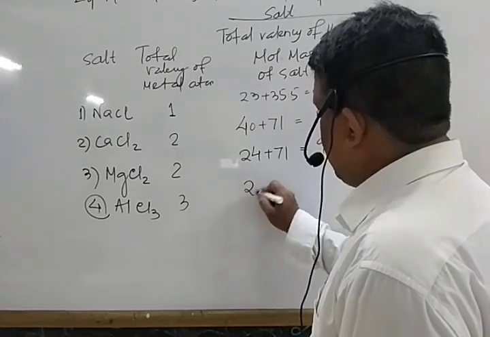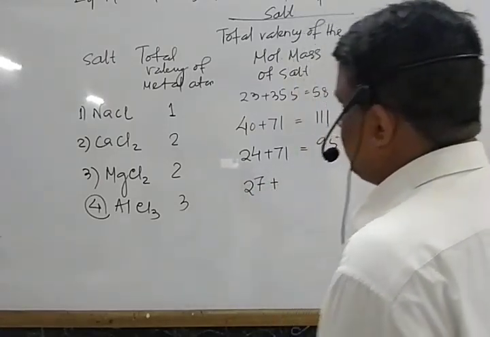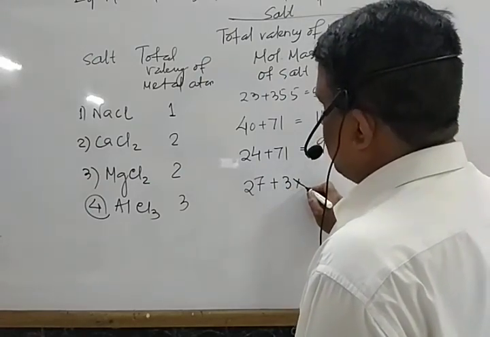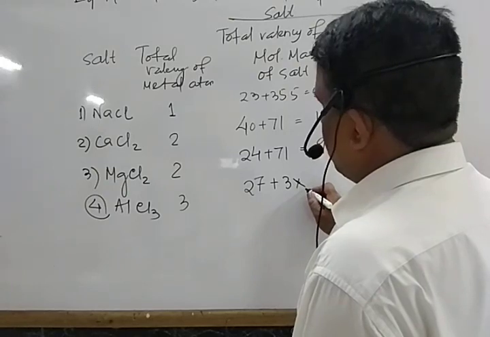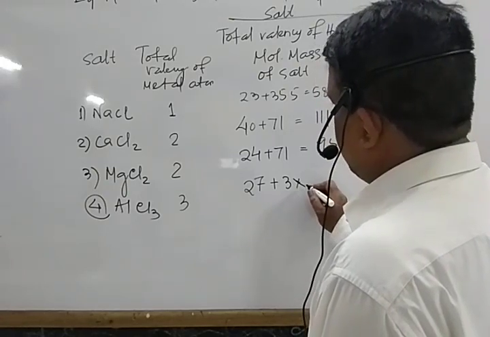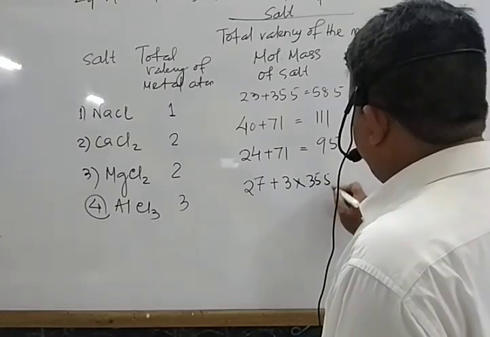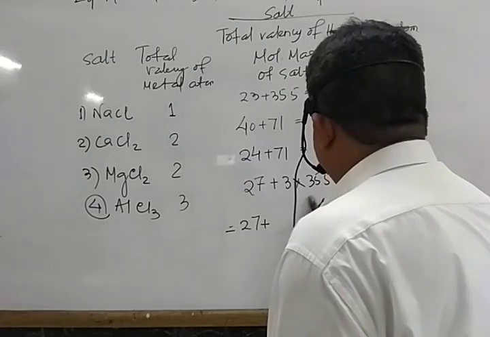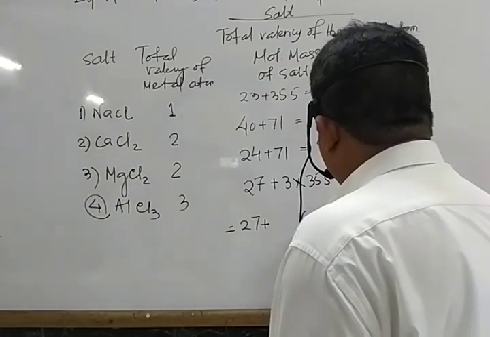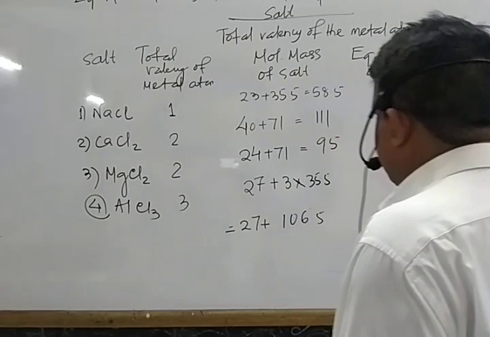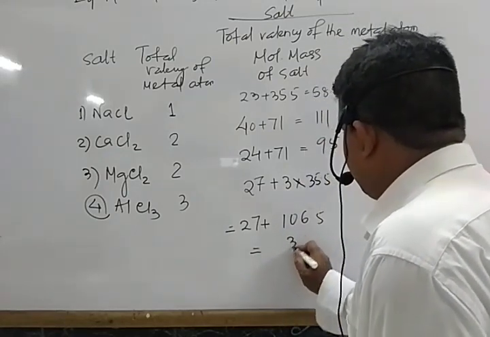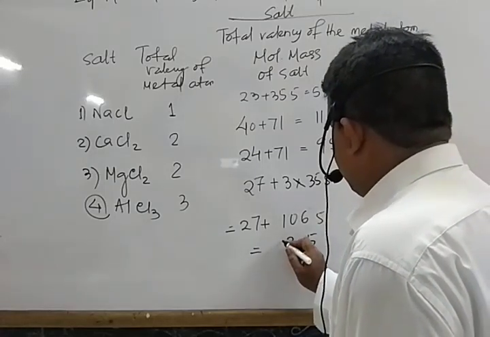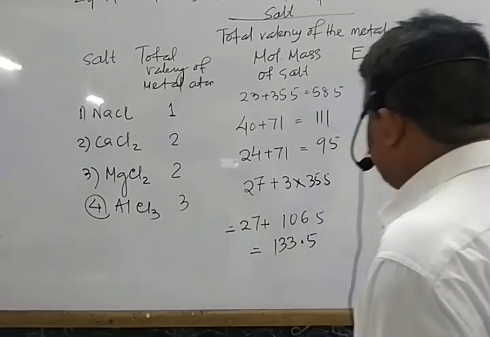It is 27 plus 3 into 35.5, that is 27 plus 106.5 is equal to 133.5.